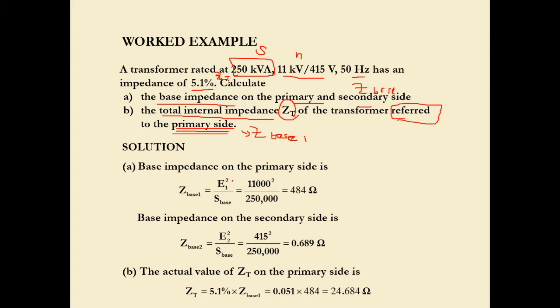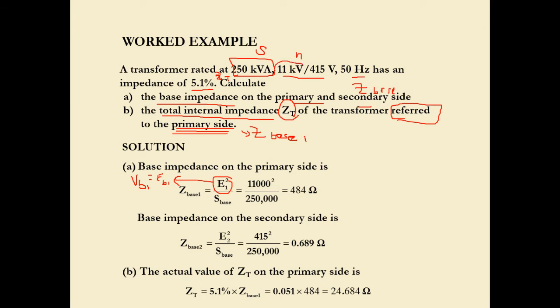This comes from the basic equation, V base 1. It may also be represented in this symbol, E1 or E base 1. Simply like this, 11 kV.